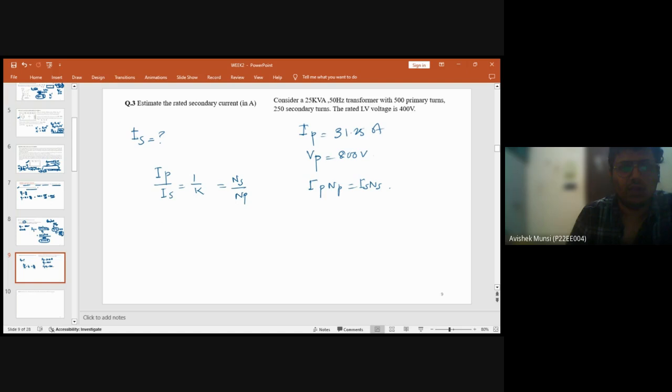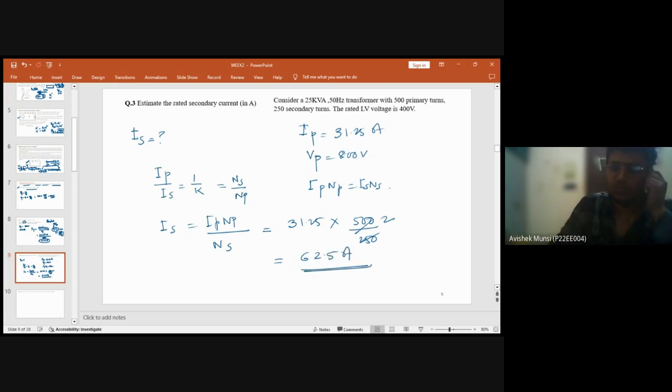So here we have to calculate IS. So it should be IP NP by NS. So IP is 31.25 as we calculated, into NP which is 500, by 250. So this is 2. If you multiply it, then it will be 62.5 amp. Okay. So those who are getting 62.5 are correct.